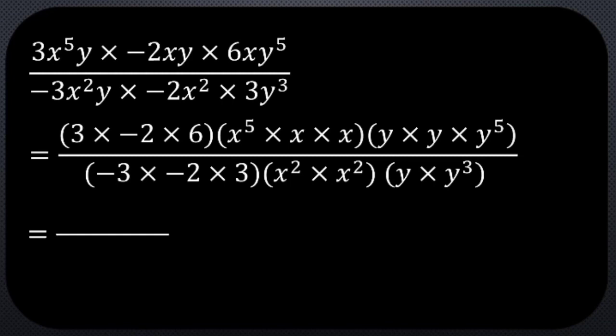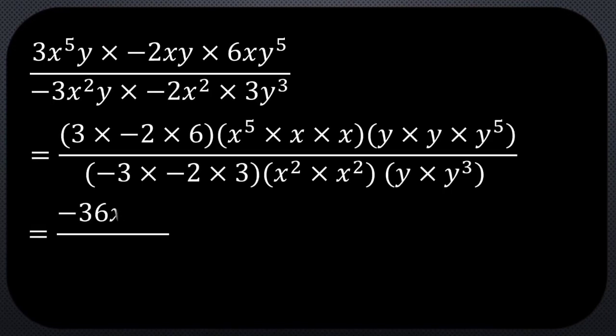Positive 3 times negative 2 is negative 6. Negative 6 times positive 6 is negative 36. X exponent 5 times x equals x exponent 7. Y times y exponent 5 equals y exponent 7.